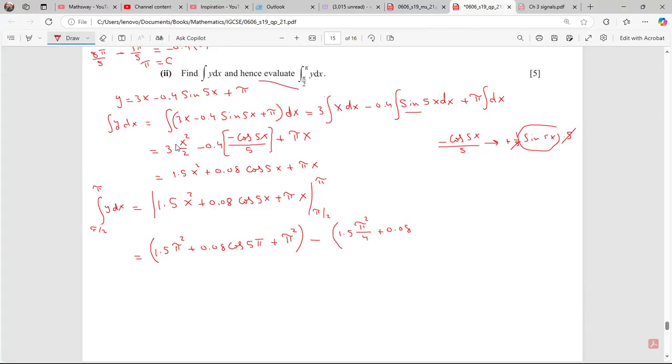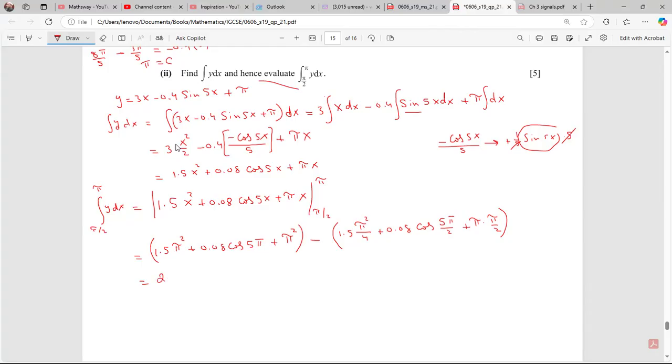0.08 and cosine of 5 pi by 2, right? And plus pi times pi by 2. Okay, so here I have pi square and 1.5 pi square.